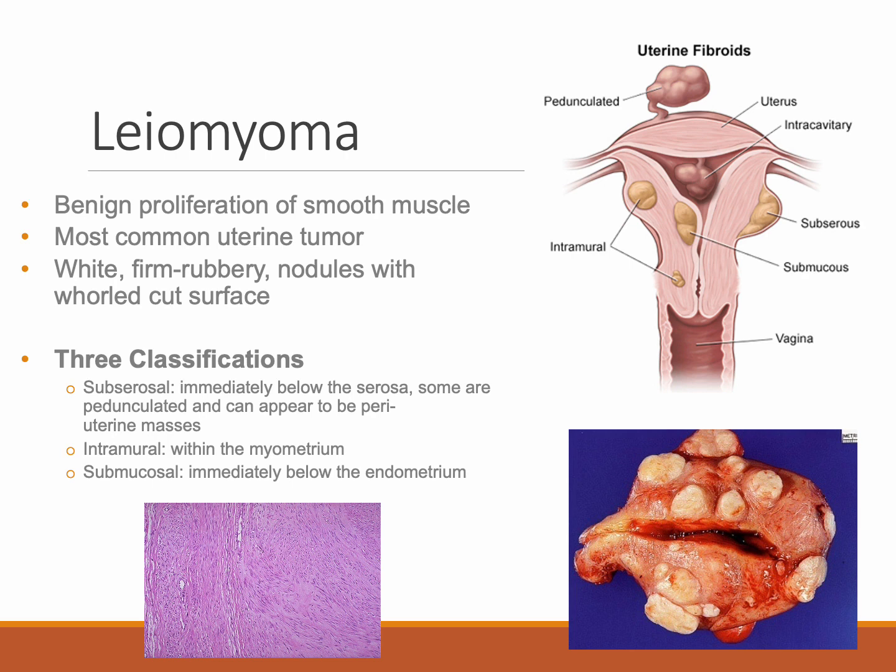So do your best if you can when you get these to try to describe them, but otherwise, these are relatively common. You'll probably just see them as incidental findings. One thing of note is you'll hear the term fibroids and leiomyoma used interchangeably, and that's perfectly fine.